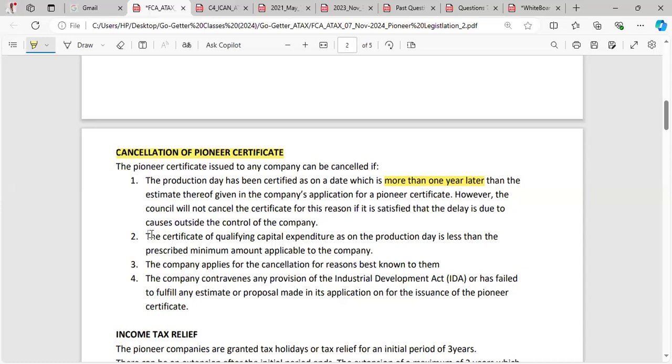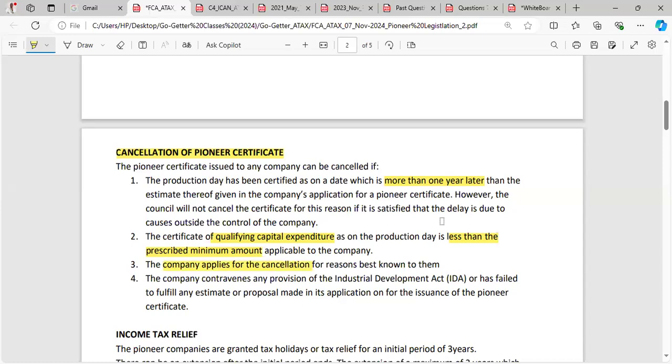Another reason for cancelling is that the qualifying capital expenditure is less than the prescribed minimum amount. We said it's 100 million, and if you acquire it for less than that minimum amount, they are going to cancel it. Then the company applies for cancellation for reasons best known to them.